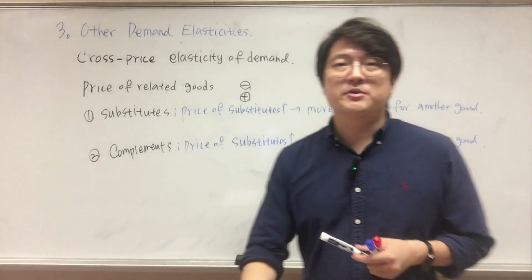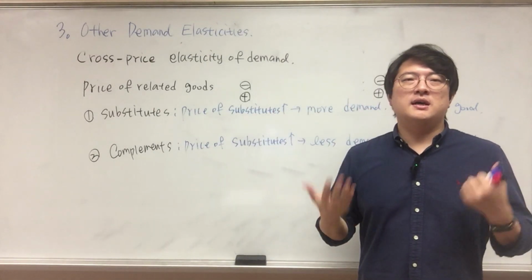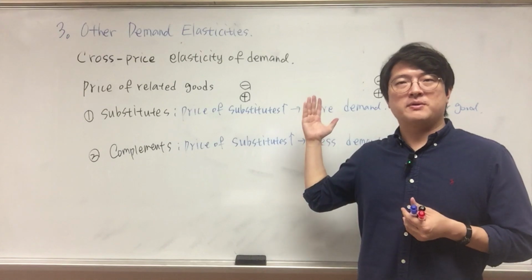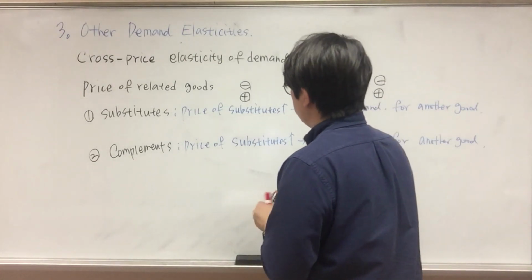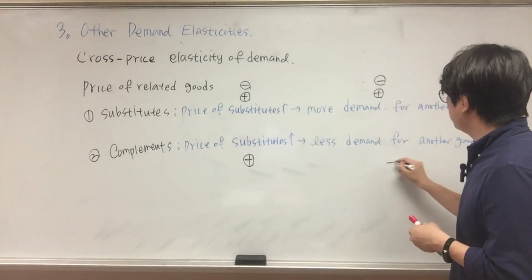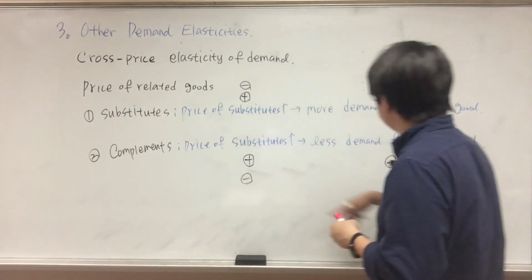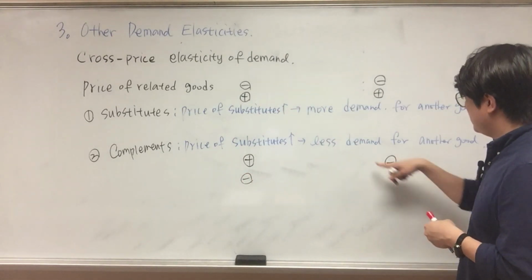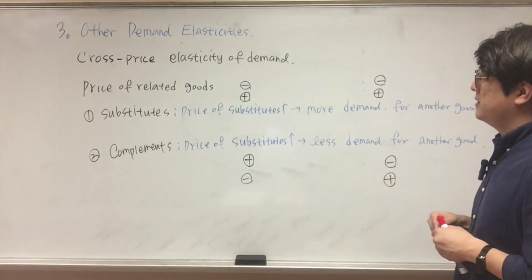How about complement goods? In this case, these two move in different directions. This one is plus and the demand for another good is minus. The price of a complement good is minus, and the demand for another good is plus, right?